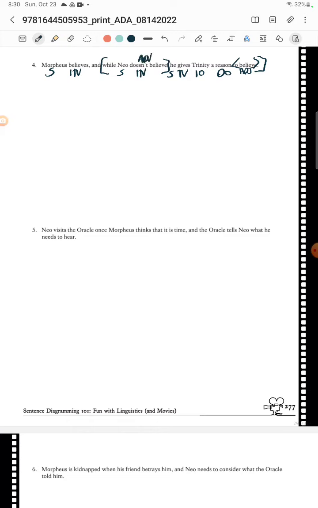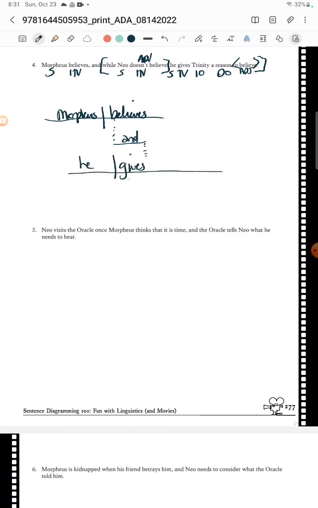So much believing. Okay, so let's start at the top. We've got Morpheus believes. And now we always start with the independent on this one. So he gives Trinity a reason.